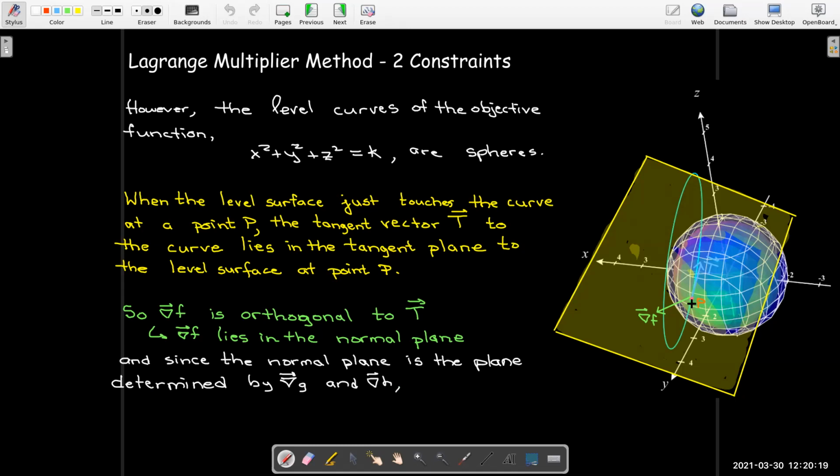And since that normal plane to the curve is the plane determined by the gradient of g and the gradient of h, then we can write the gradient of f as a scalar multiple of the gradient of g plus a scalar multiple of the gradient of h.